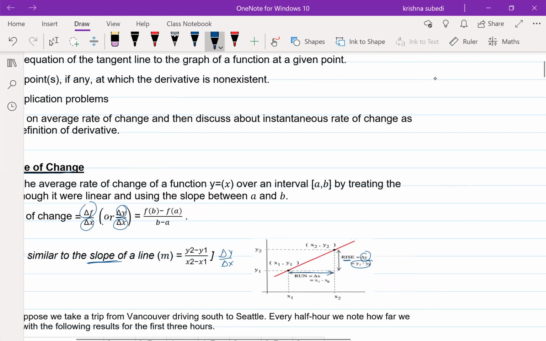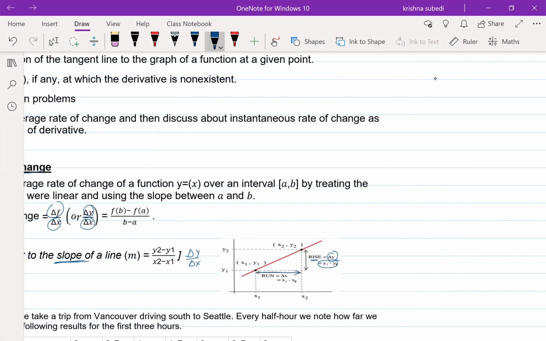Even if the function is not linear, let's say our function is like this, and you want to find the average rate of change of this function between a and b.